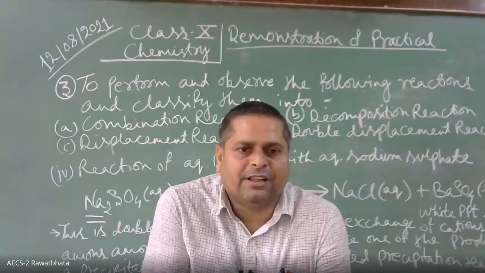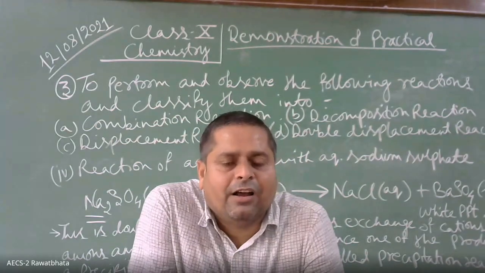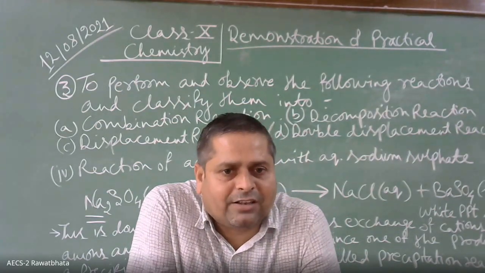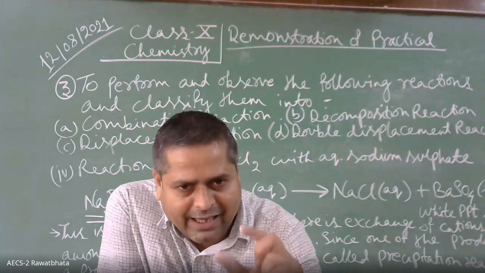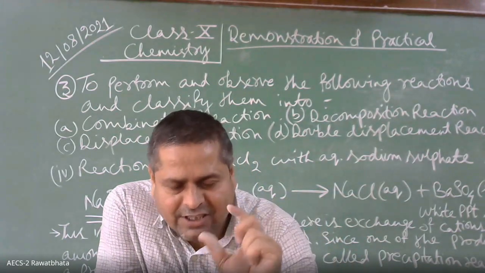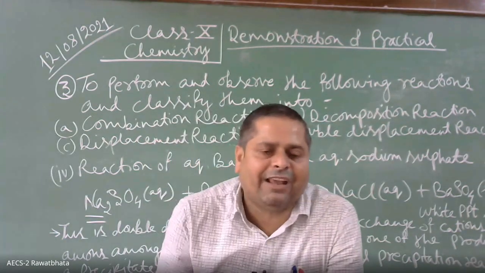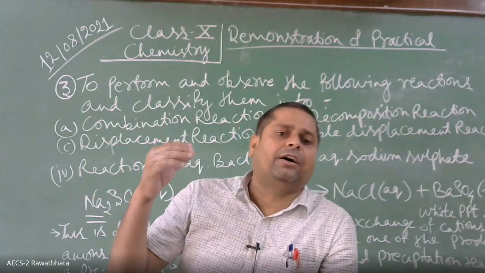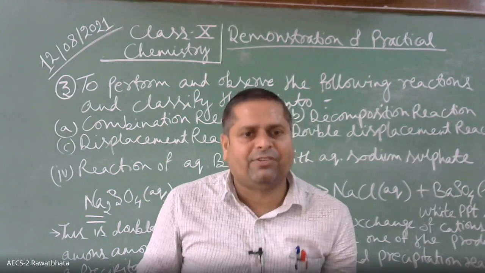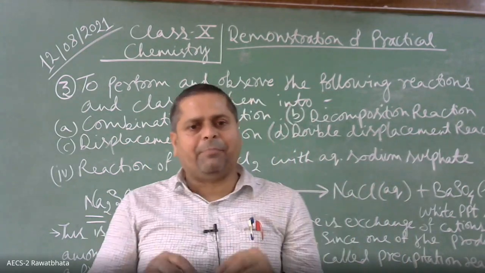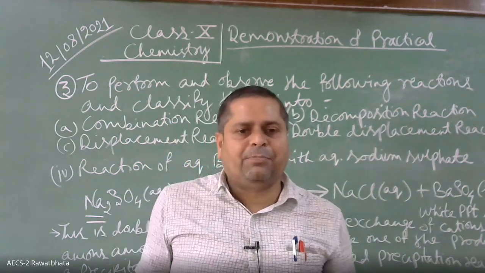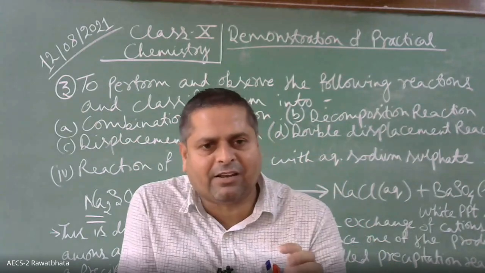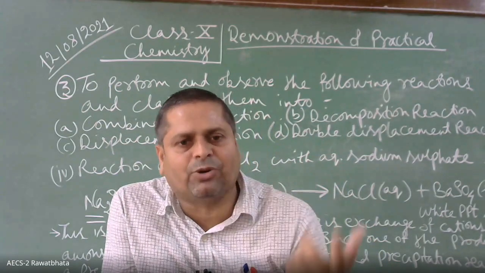Then the fourth one, we have taken barium chloride salt and made its saturated solution with water, and we have taken sodium sulfate salt and made its solution with water, and we have added them. We saw that there is a deposition of white milky precipitate at the bottom, and there is a clear solution above.